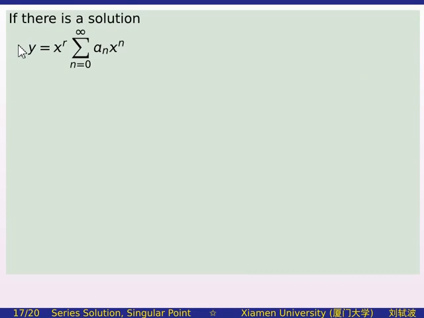But this y is represented as a multiplication of a power function and a power series. If you take the derivative directly, you will apply the product rule, which is complicated. So we move the power function inside the sigma summation and combine the power of x. This way, it is easier to compute the derivative.